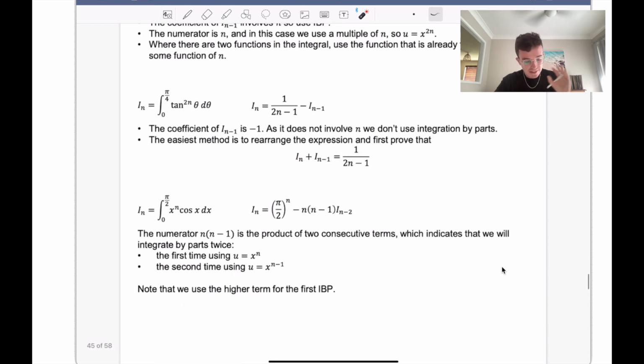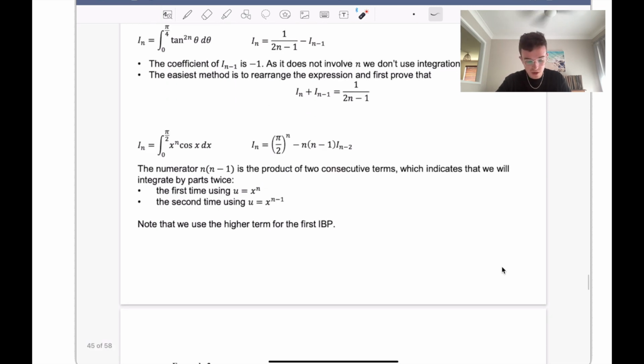The next example doesn't involve n in the coefficient here. And because of that, we're going to do something else, and we're actually going to add this over to here and prove that these two integrals added together is equal to this. And the last method we'll come to soon. You've got two n's, and that actually implies to us that we're going to use integration by parts twice.